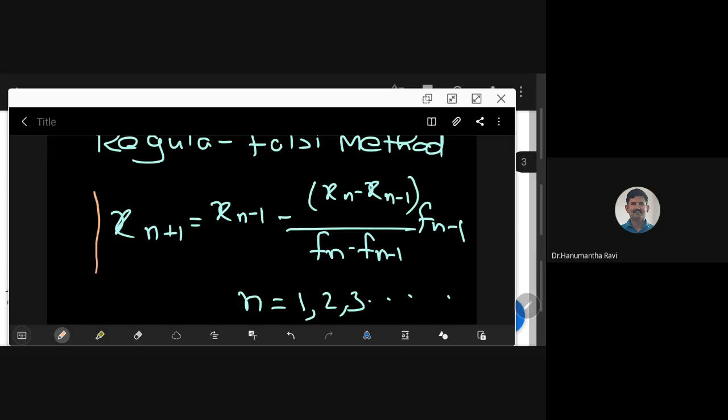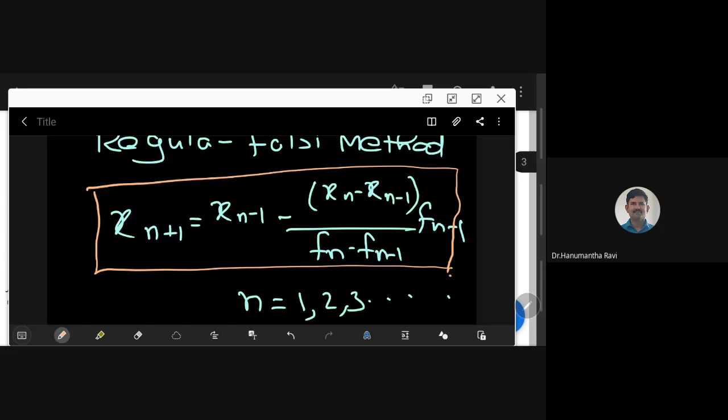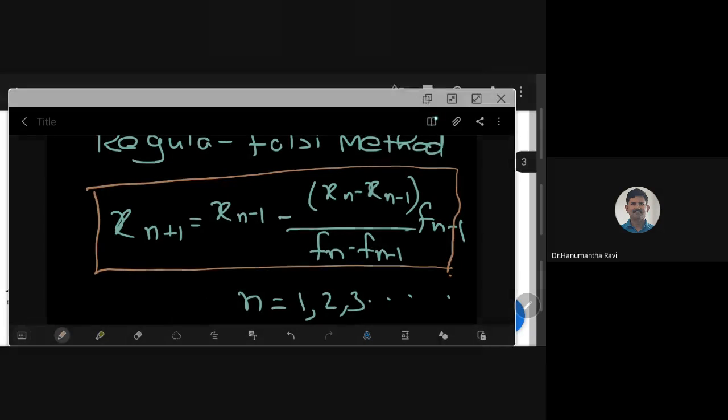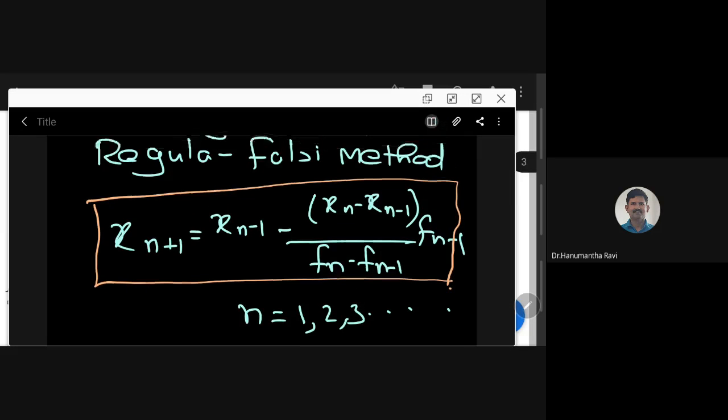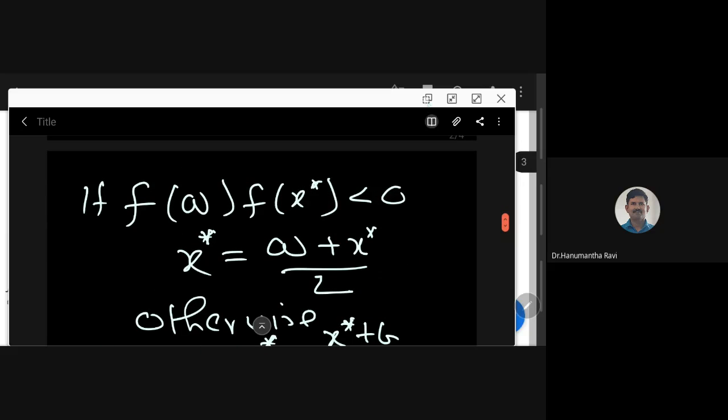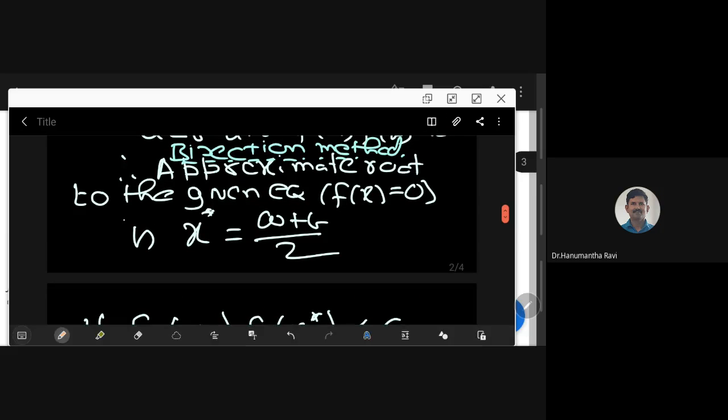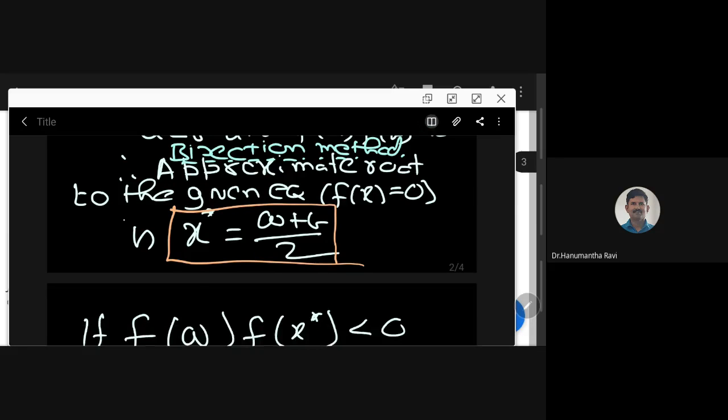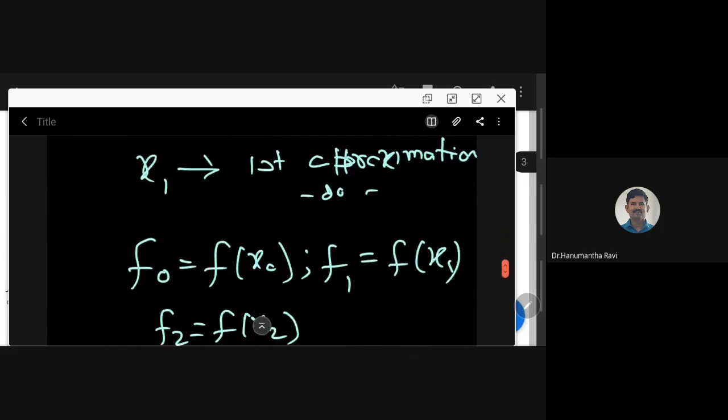The formula is here. It's an improvement on the bisection method. In the bisection method we are taking the next root as the average; instead, we are following the idea of the secant line.